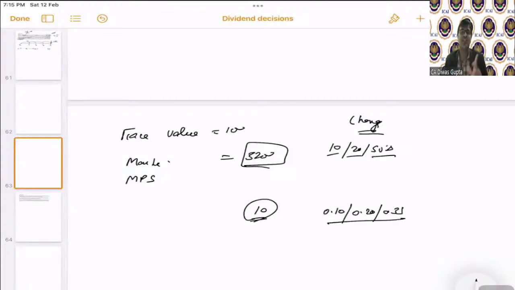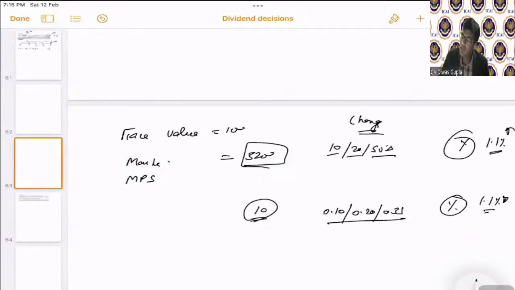So the percentage change will always be the same. If it has increased by 1.1 percent, similarly more or less 1.1 percent will increase here. But since the value of the share is less, the absolute value of change will also be lesser.